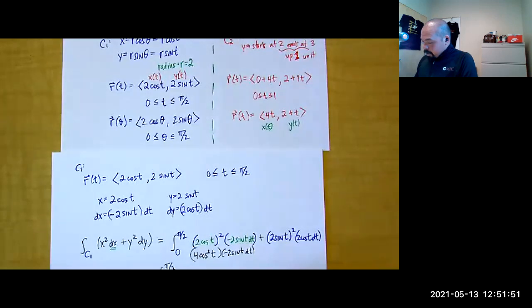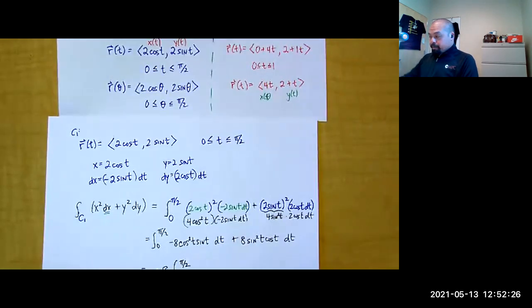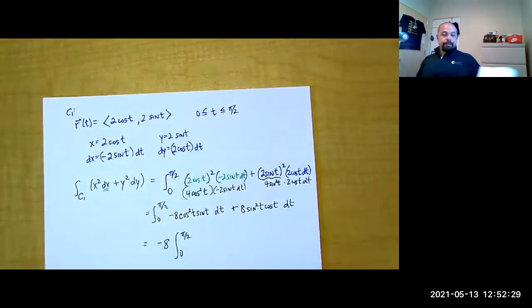Negative 8 cosine squared t sine t dt plus 4 sine squared t times 2 cosine t dt, 8 sine squared t cosine t dt, or depending, we can factor out a negative 8 or positive 8 for that matter. Integrate from 0 to pi over 2.